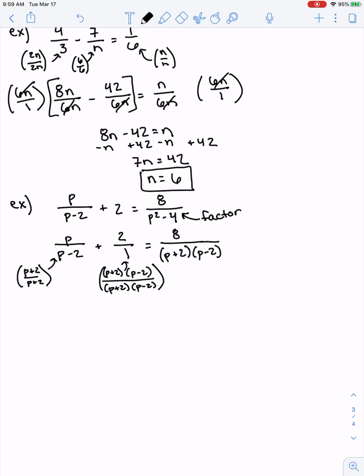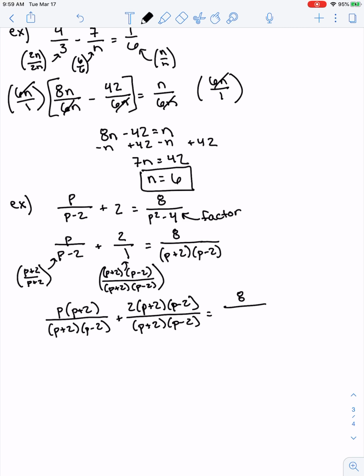So if you multiply what that's missing to each term and get a common denominator, you'll end up with p times the quantity (p plus 2) all over (p plus 2)(p minus 2), plus 2(p plus 2)(p minus 2) all over your common denominator, is equal to 8 times the common denominator.